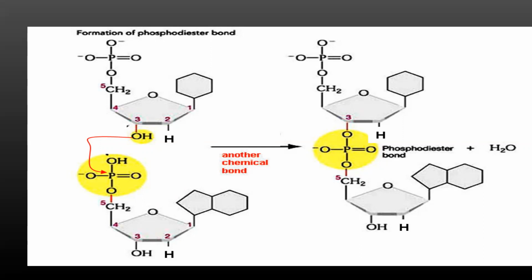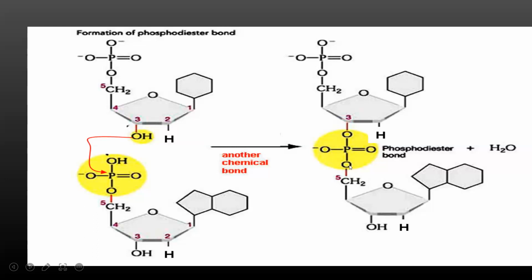Ester means C-O-, in between is O. At one side it will be C, on the other side it can be anything, but between them it is O. So here there is this base, and this is O-P. That's why it is called an ester bond. Similarly, here it is P, O, and the other.